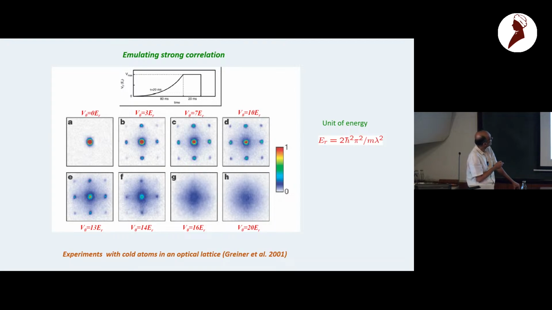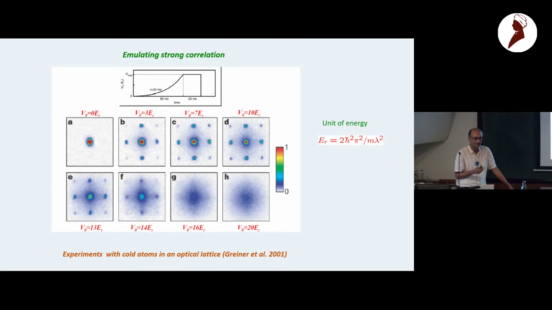So here, the experiment is such that they take these cold atoms in a trap, and then they switch on this optical lattice by putting in a laser. They pump up this laser to some intensity of Vmax or V0 over a ramp time of roughly 20 milliseconds, and then allow the system to stabilize for about 20 milliseconds, and then they drop both the trap and the laser and let the atoms fly out.